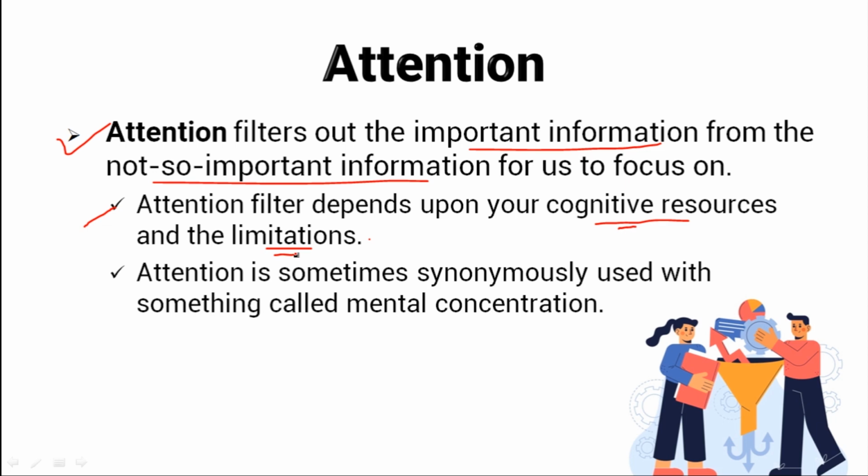Just like how our senses have limitations on what information they can take in, our brain also has the same limitations on how much information it can process at any given time. So we have to be selective about what we pay attention to and what we ignore. So for example, the opponent process theory says that if you see red color, immediately you will see the green color, right?